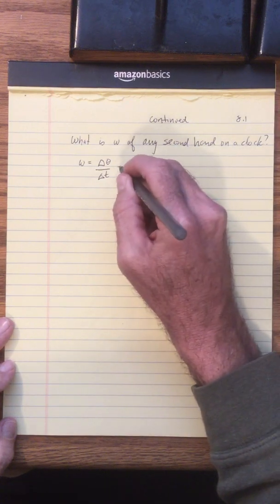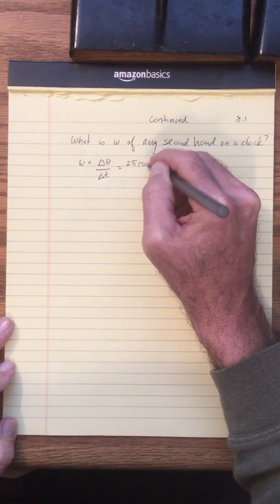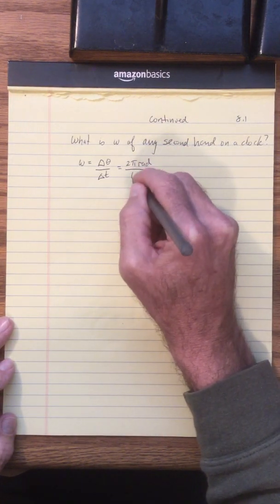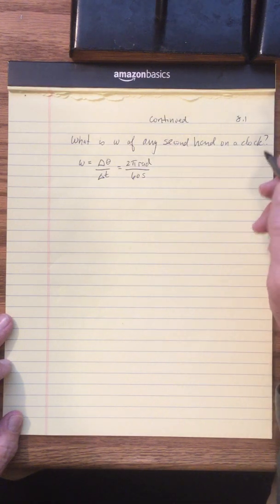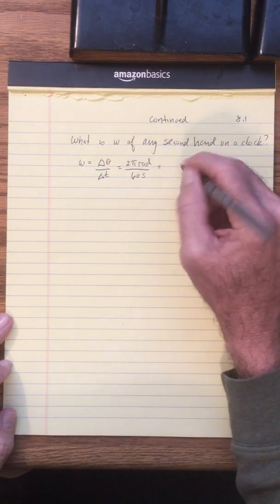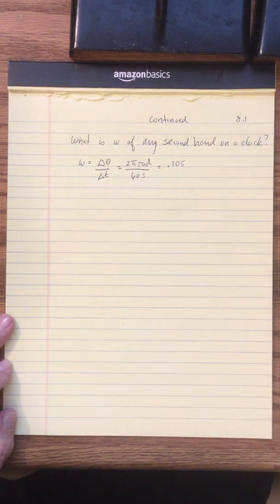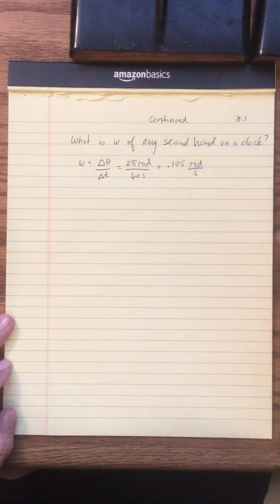One circumference is equal to 2 pi radians, and the time is going to be 60 seconds. If you take 2 times pi and divide it by 60 on your calculators, you should get 0.105. And the units are going to be radians per second. Those are the units of angular velocity.